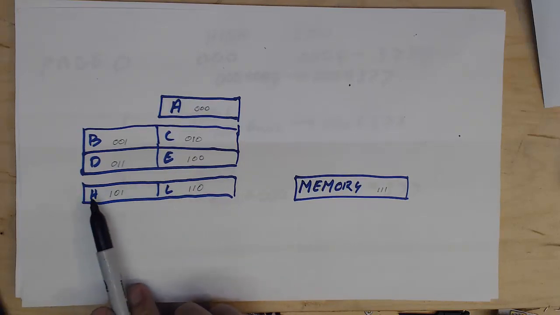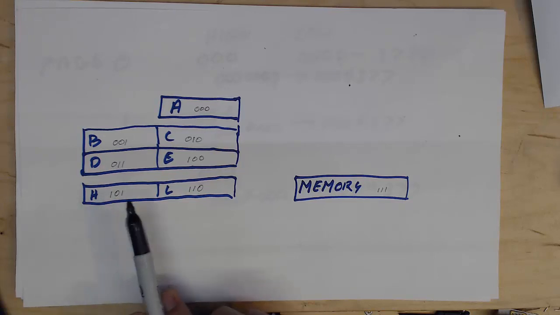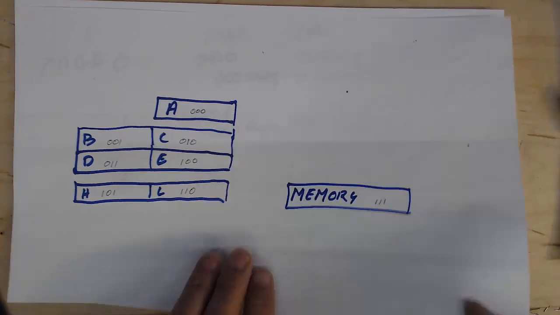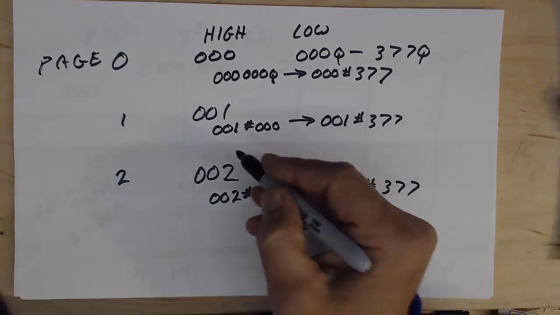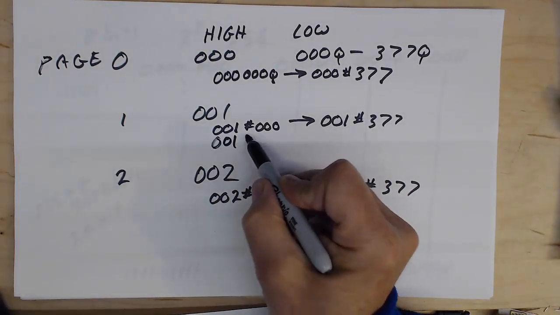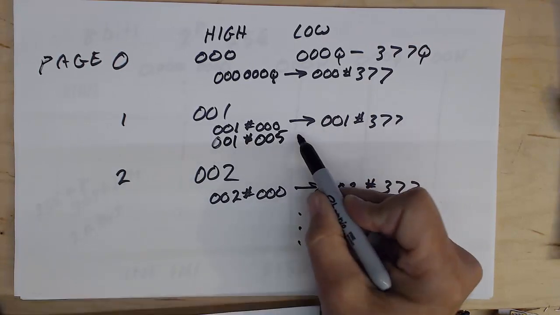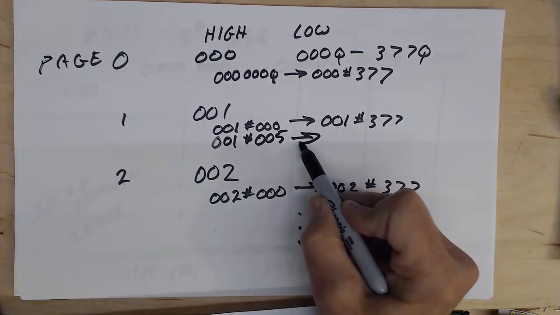So for example, if H was equal to 001 and L was equal to 005, the memory location 001 005, in this page 001, would be the location being pointed to.